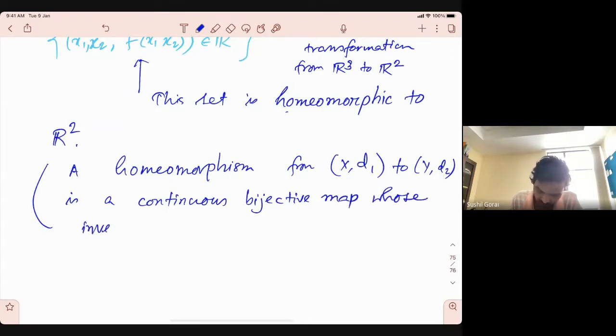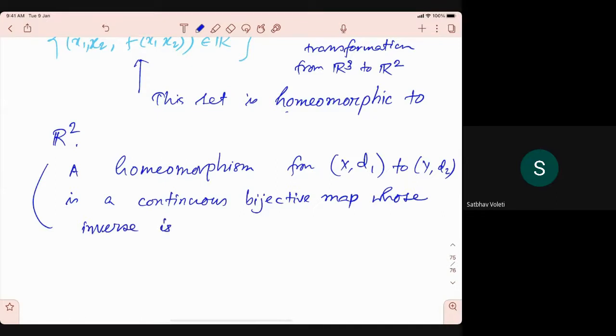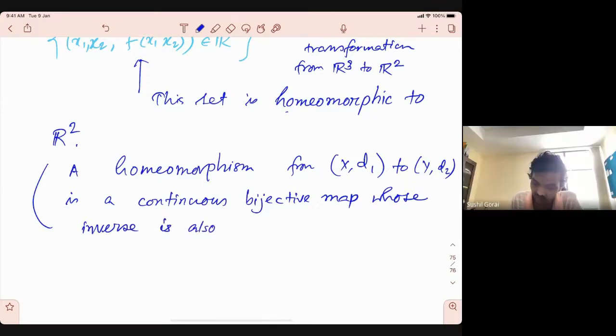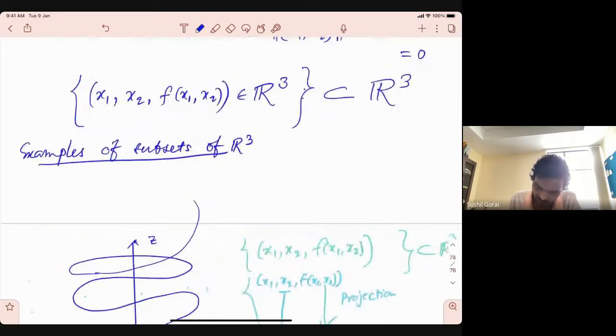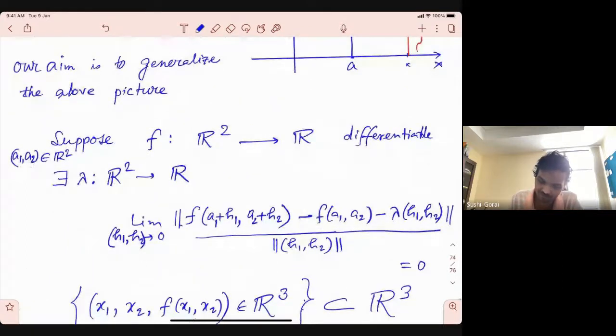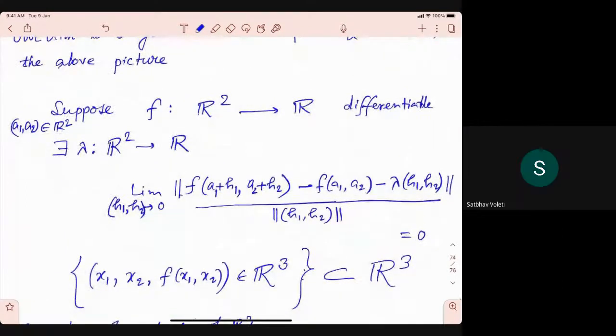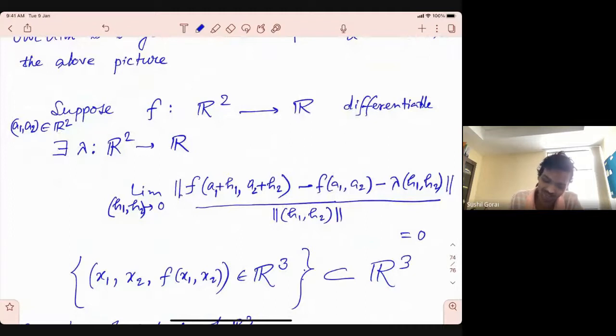So did we assume that f was continuous? Oh, yeah, that has to be. I mean, f is differentiable, right? Okay, sure. Yes, differentiable is always continuous. We started from there.